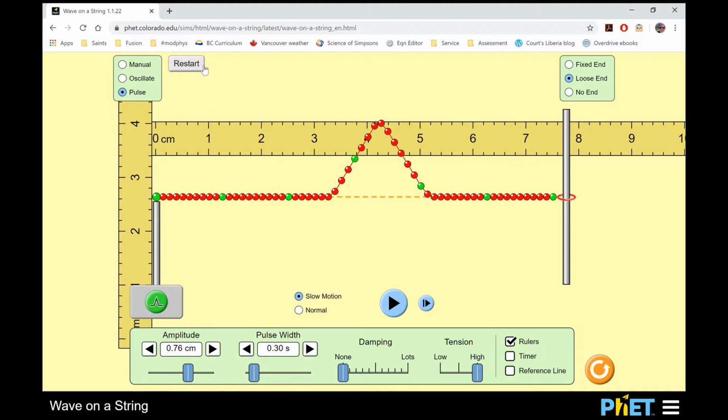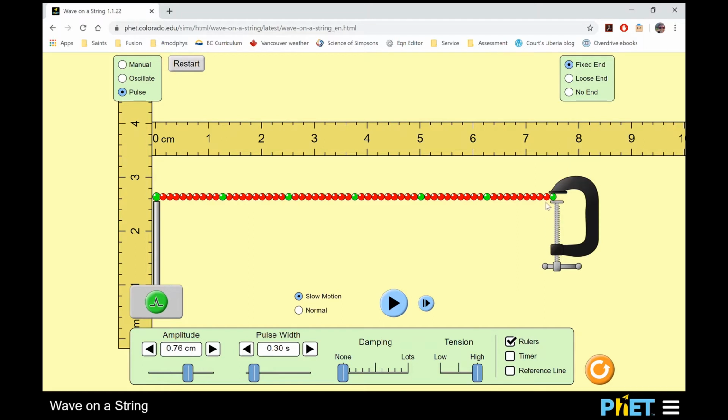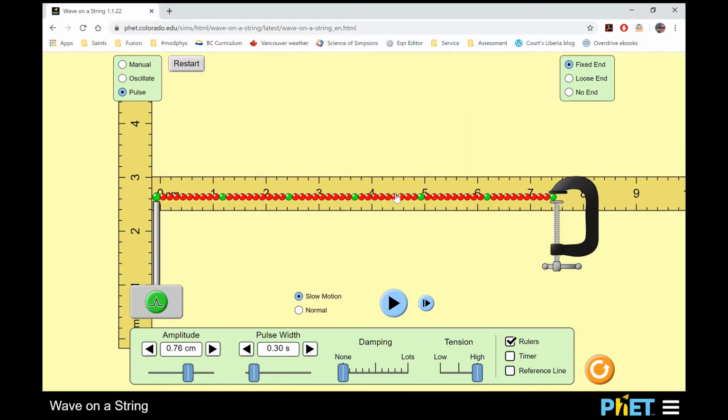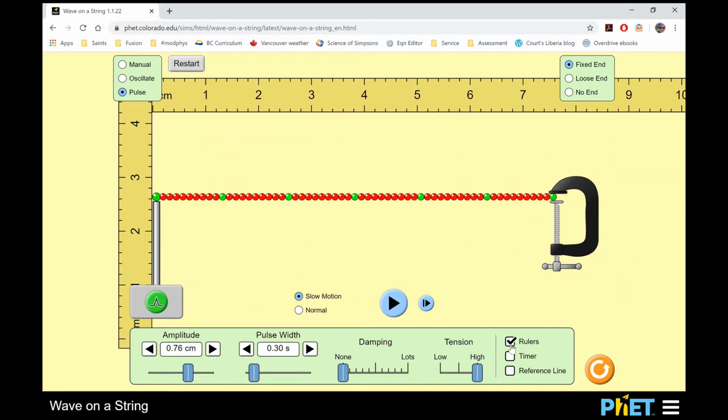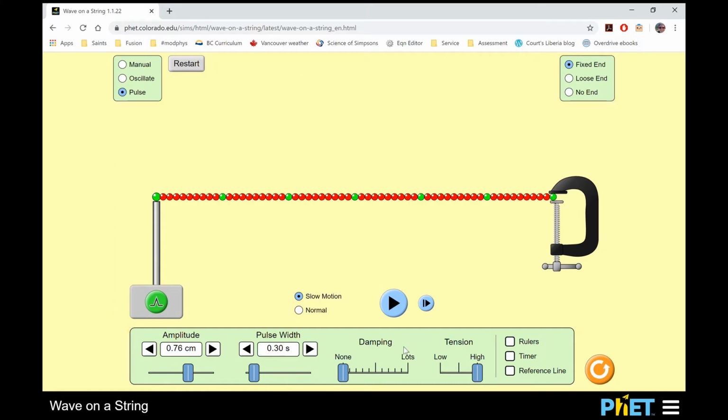If I reset this, and instead of the free end, I switch it to a fixed end. This is the setting that lets me get a reflected pulse go back on the opposite side of the string. I'm going to get rid of the rulers because I'm not actually going to need them this time. I'm going to do the same thing.